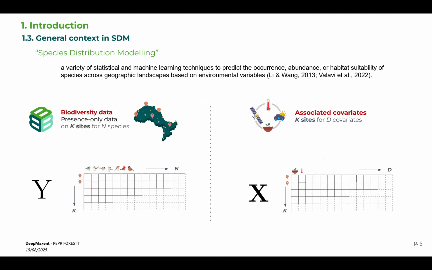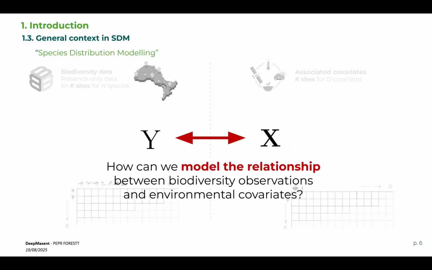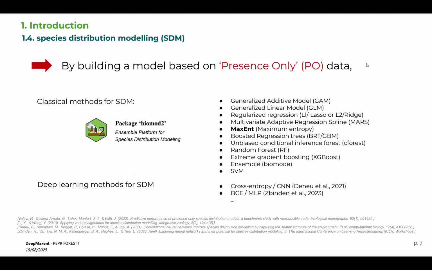We have Y, which contains biodiversity data, where rows represent sites and columns represent species, and another matrix called X, which contains environmental covariates, where rows correspond to sites and columns to variables. So SDM is to model the relationship between biodiversity data and environmental covariates.